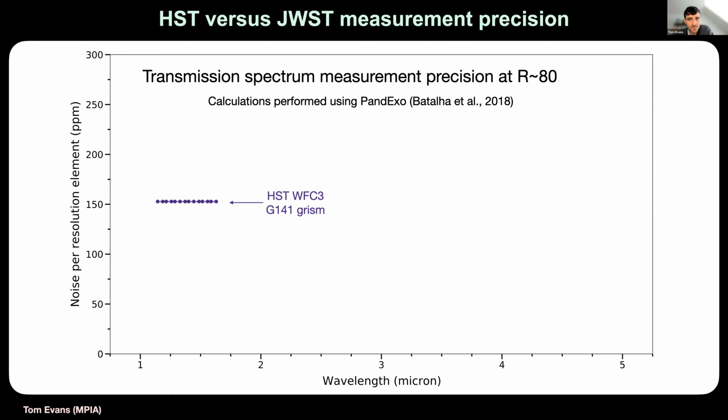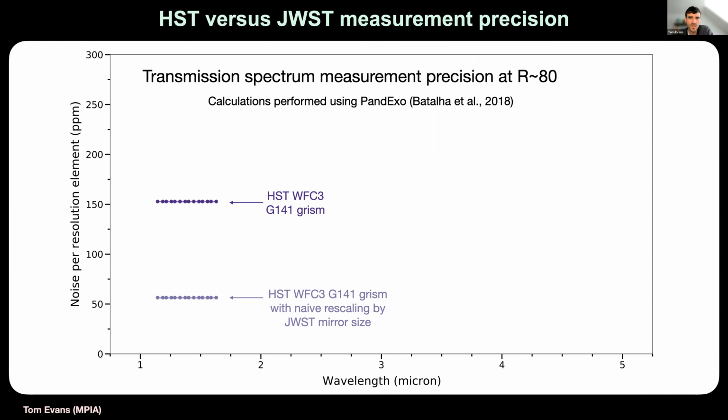So these purple points show the expected noise for a transmission spectrum of TRAPPIST-1e measured using Wide Field Camera 3 on HST. And if we then reduce this noise by assuming that it just bins down as the square root of the number of photons that we collect, then we can simply multiply these values by the ratio of HST's and JWST's mirror diameters, and this is what we'd get.